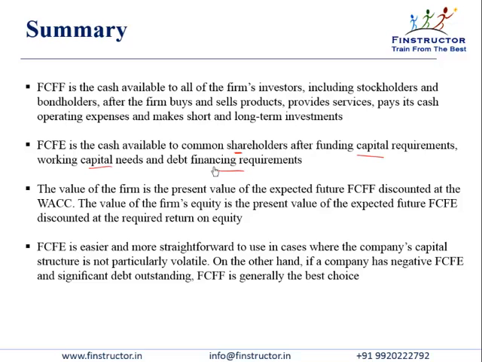So if it's a net borrowing, it will be added. If it is a net repayment, it will be subtracted to calculate the free cash flow to equity from the free cash flow to firm. The value of the firm is the present value of the expected future FCFF discounted at the WACC. The value of the firm's equity is the present value of the expected future FCFE discounted back at the return on equity.